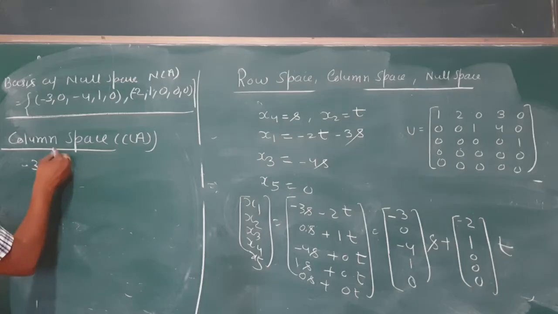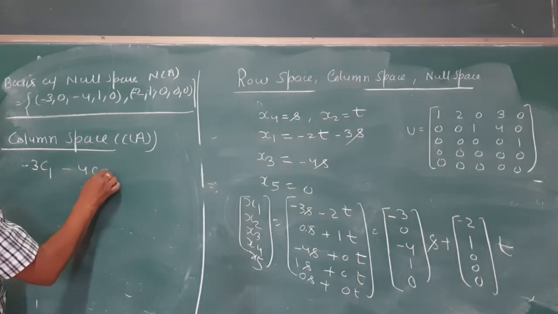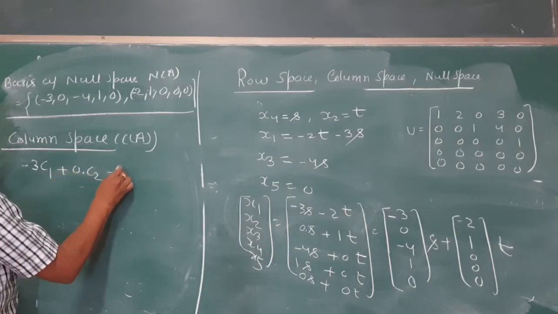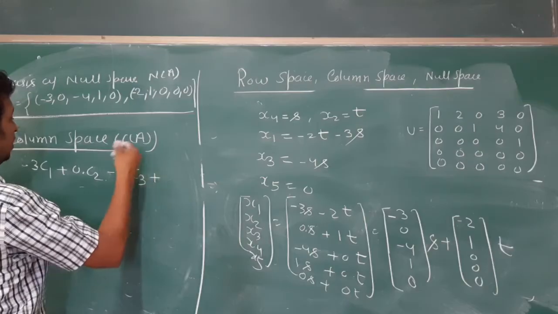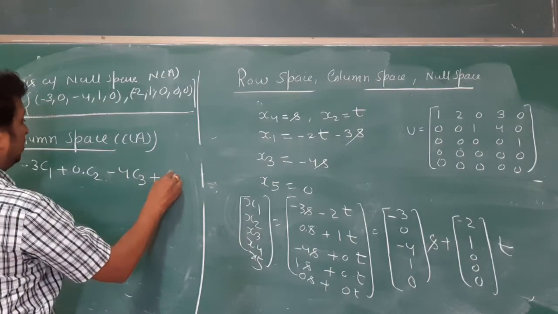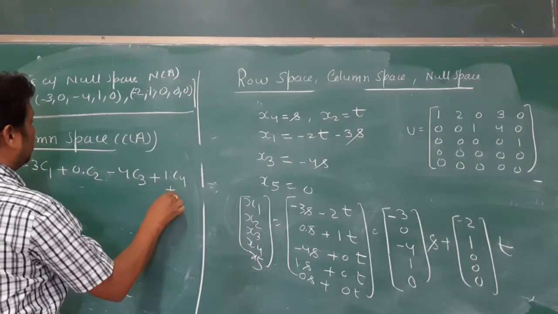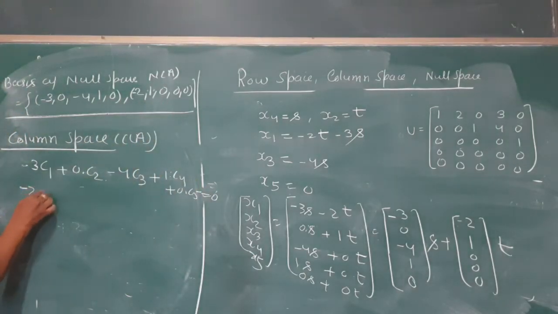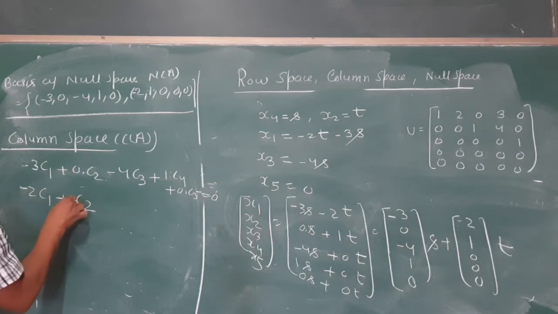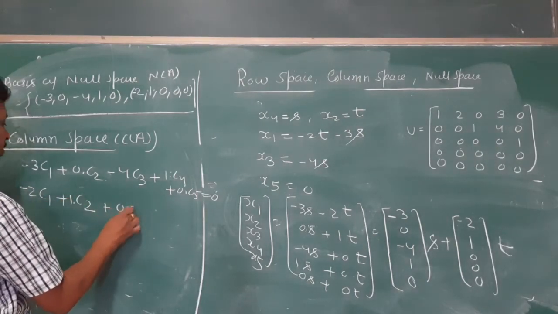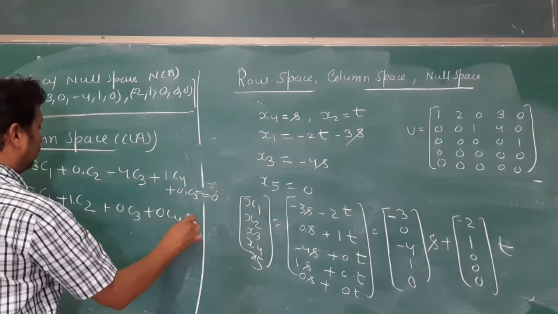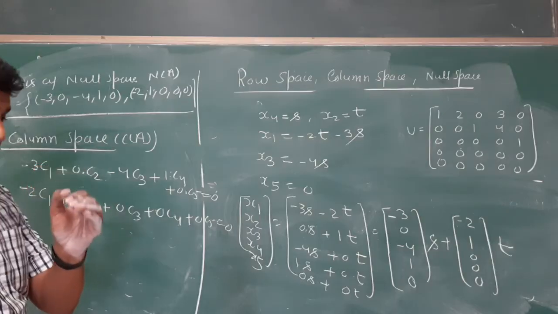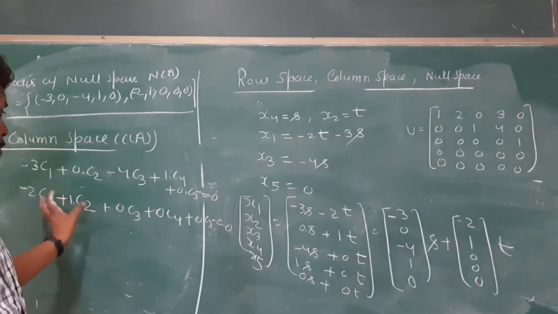Minus 3 C1 plus 0 C2 minus 4 C3 plus 1 C4 plus 0 C5 is equal to 0. For the second, minus 2 C1 plus 1 C2 plus 0 C3 plus 0 C4 plus 0 C5 is equal to 0. So see which variables form the identity matrix out of these 5.